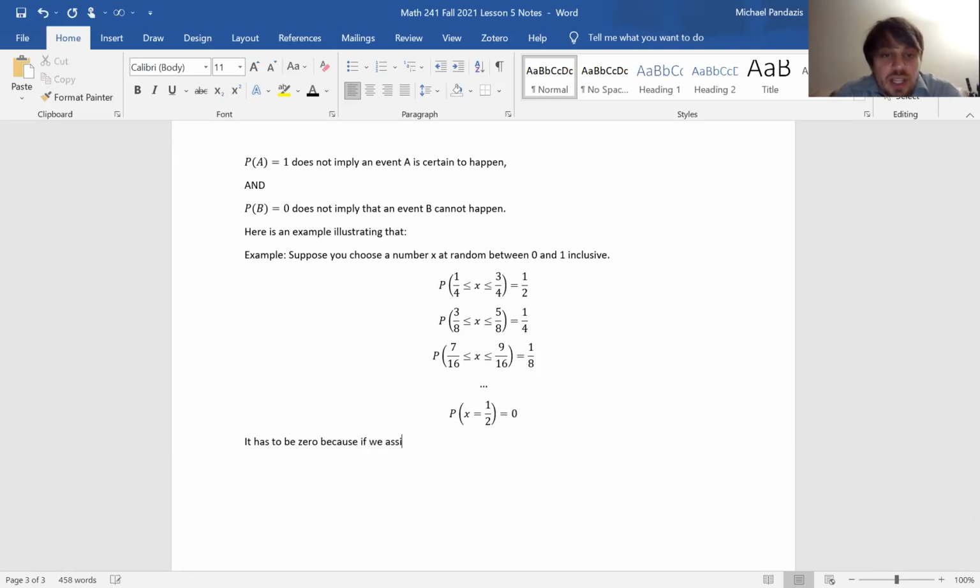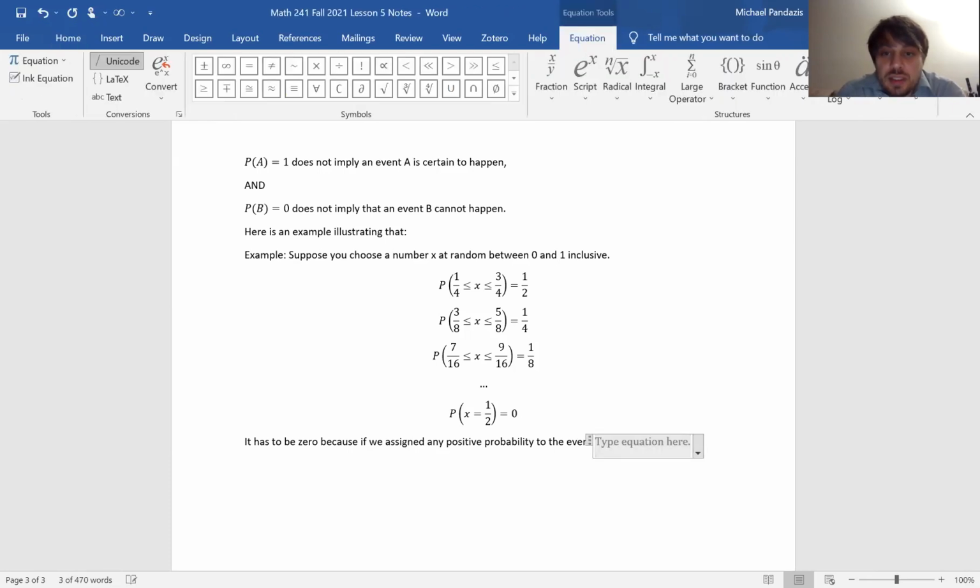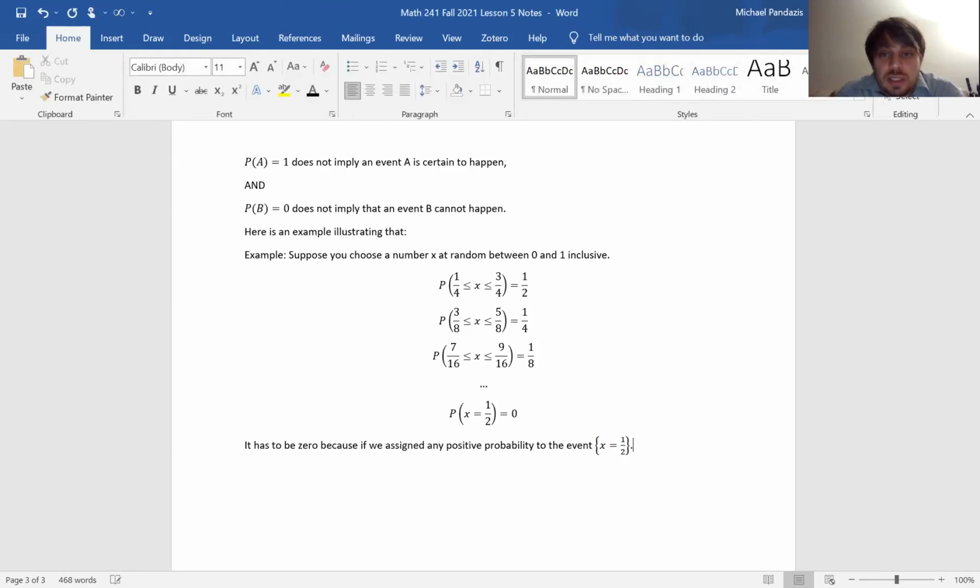because if we assigned any positive probability to the event x equals 1/2, it would be larger than the probability of some interval containing x equals 1/2.